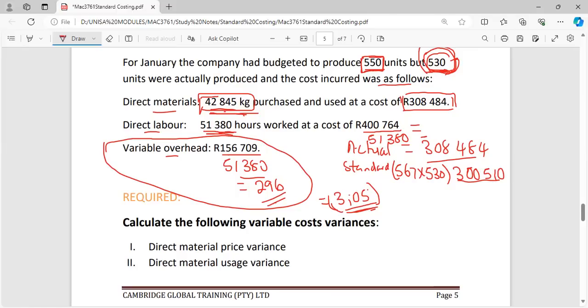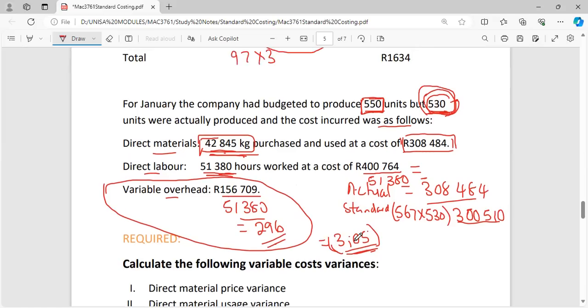That's where I got 296. I didn't divide with the 51,380. Yes, I used 530. So that's where I got 296.